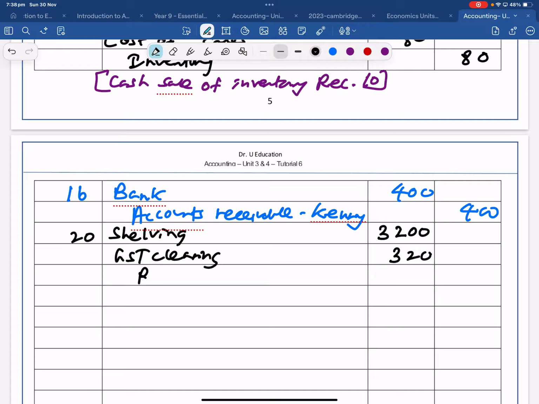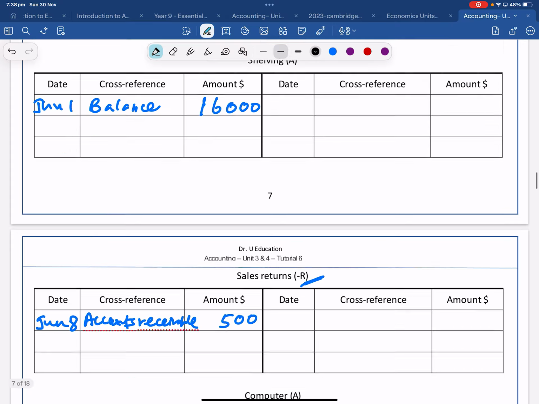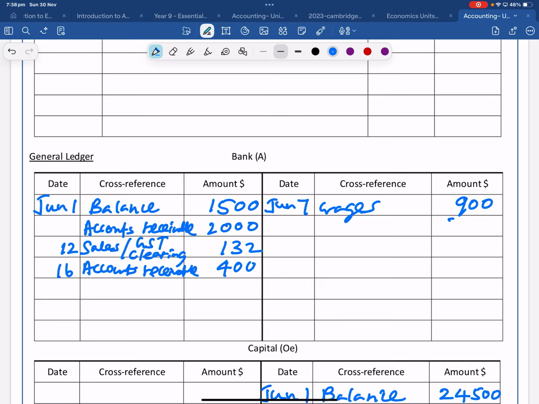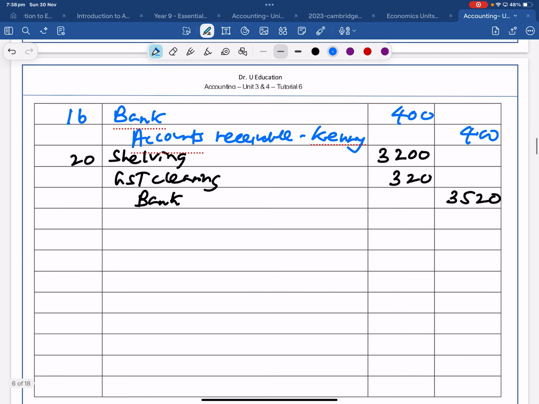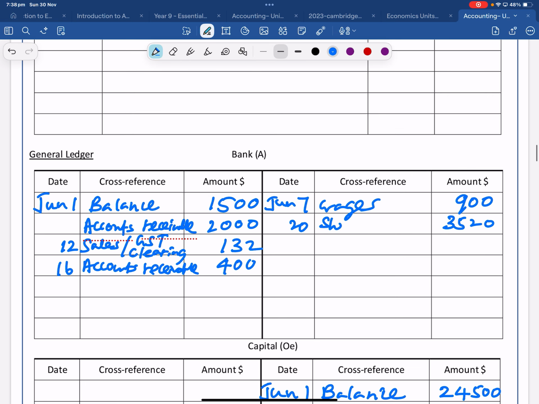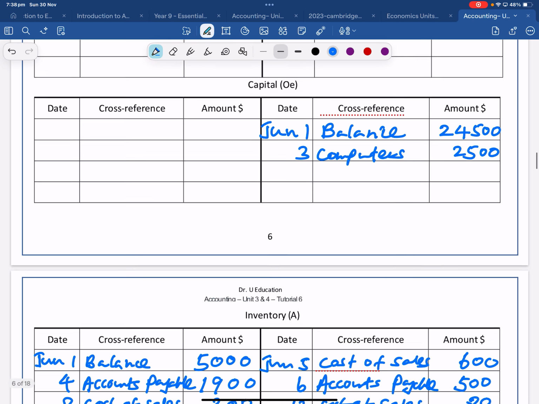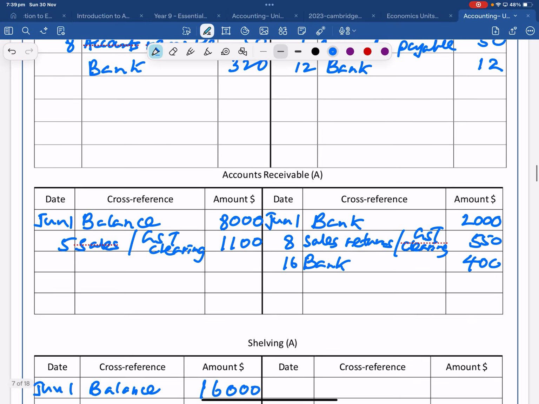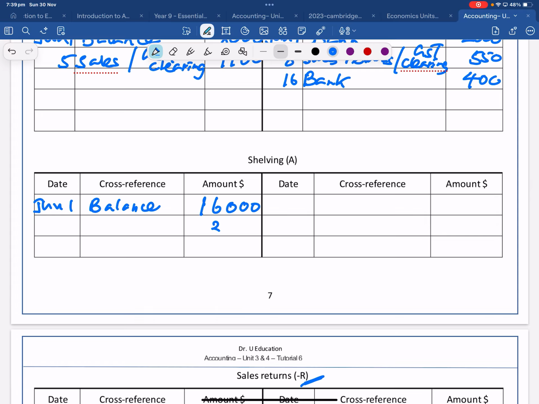And you credit the bank $35.20. Bank we are crediting $35.20, saying shelving and GST clearing. Shelving 32, GST clearing 3.20, 20th bank.